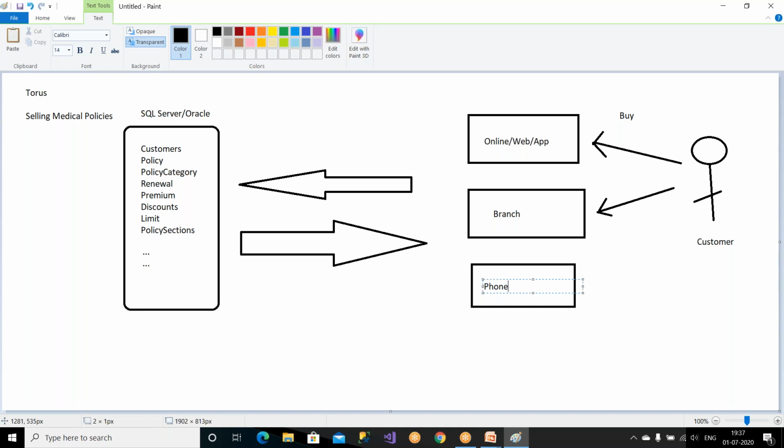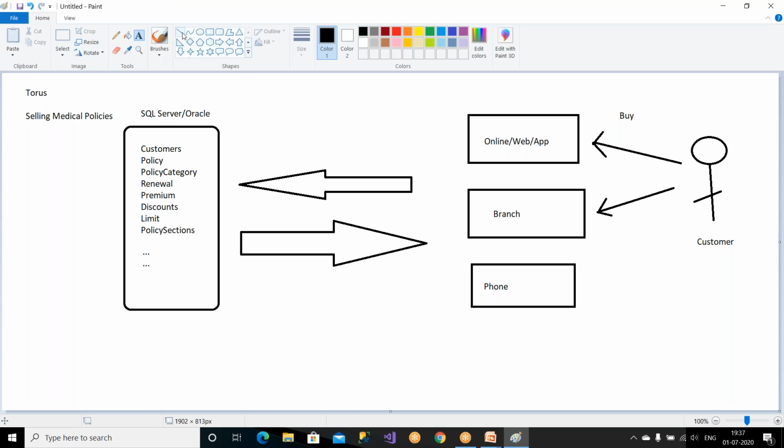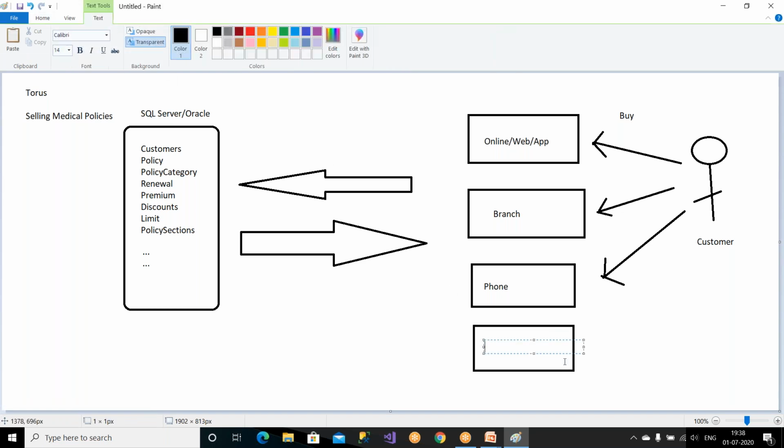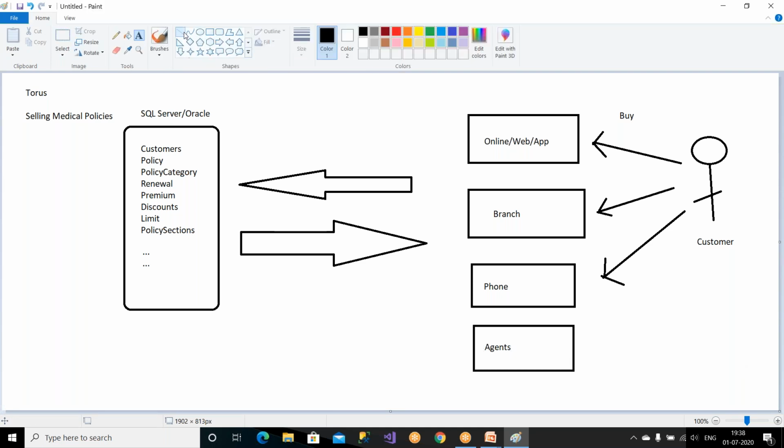So different modes are available to buy the medical policy. There is not only one way. However you would like to buy, you can buy it, or you may have agents, right? Those people do marketing work. So you have a broker, agent, or marketing people visiting your place, and through agents also you can buy your medical policies. So a lot of things are available. All the data is going to go here, and it is going to be stored.